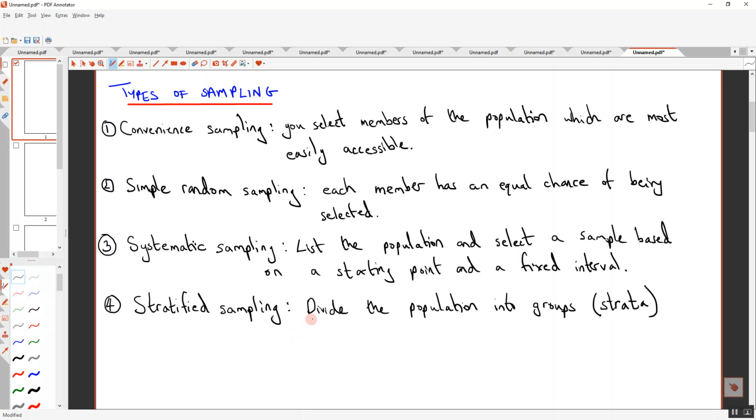And then the strata, or the groups, are based on members' shared characteristics.